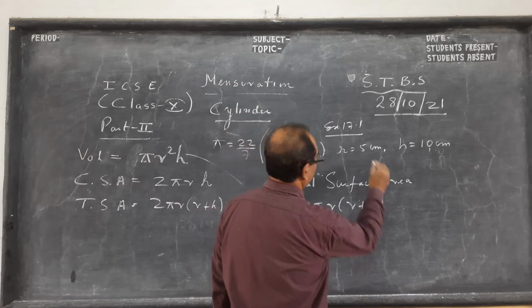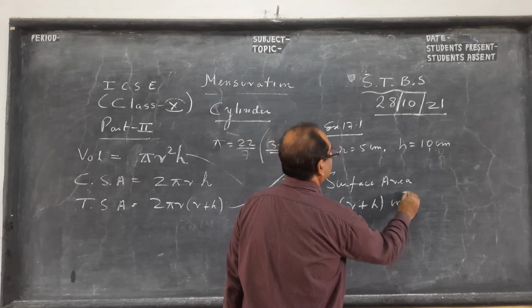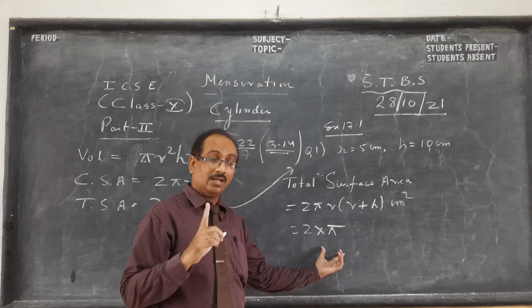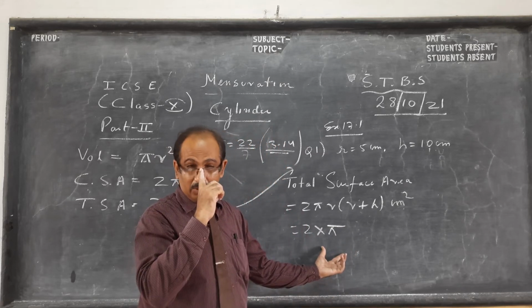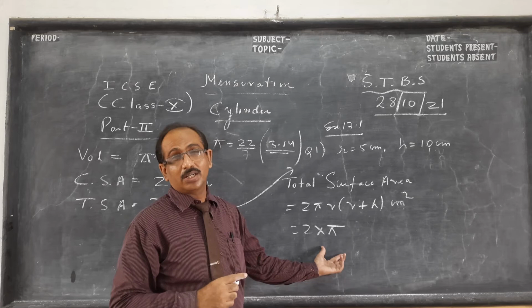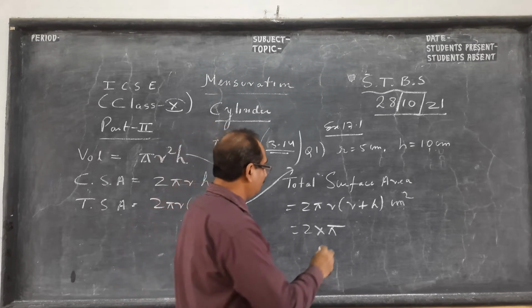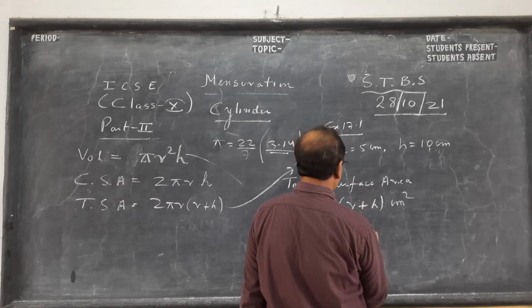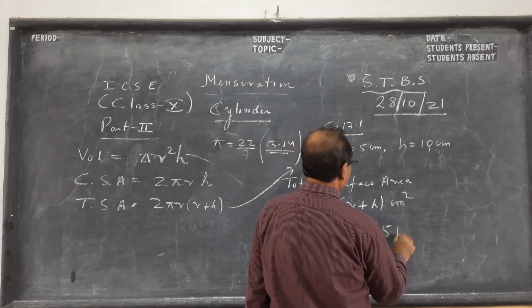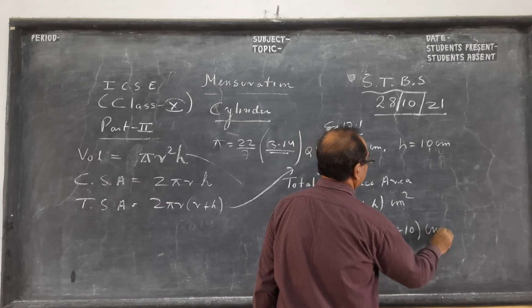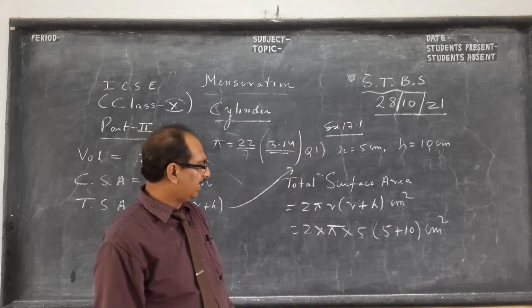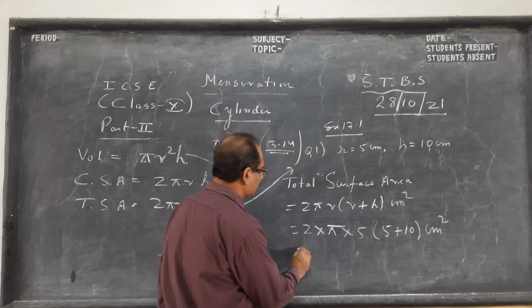Okay, so here we go. This is in centimeter, so the answer will be in centimeter square. To remember, leave your answer in terms of pi. One very important thing I'll tell you children, you read the question properly, in an exam or otherwise. R is 5, plus h is 10, centimeters square. Please give the unit. Some people don't bother. Definitely you are trying to find area: meter square, centimeter square.